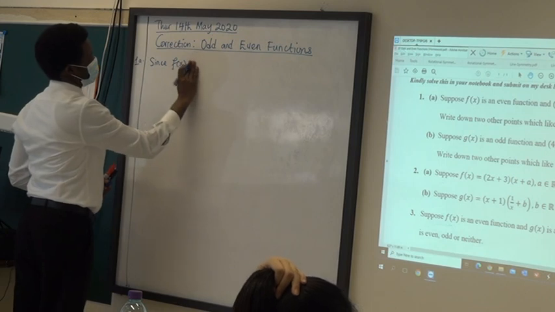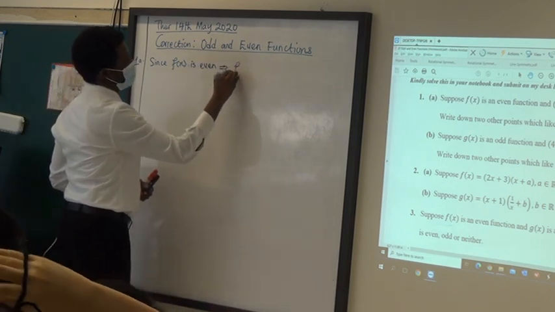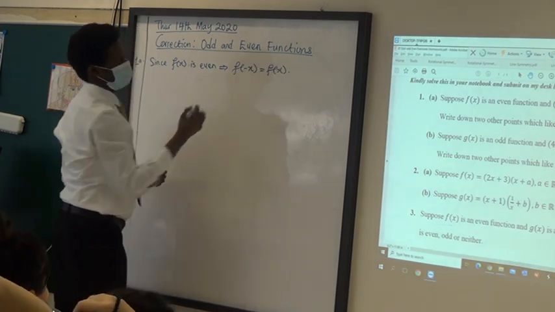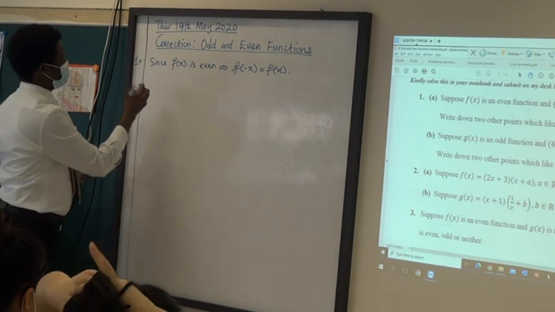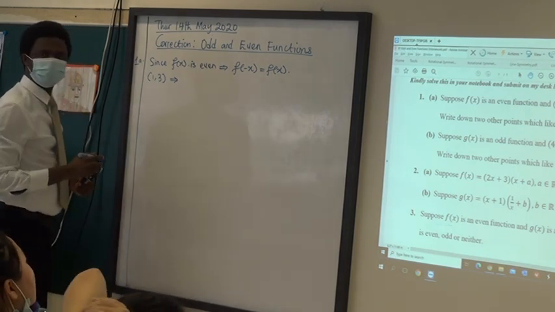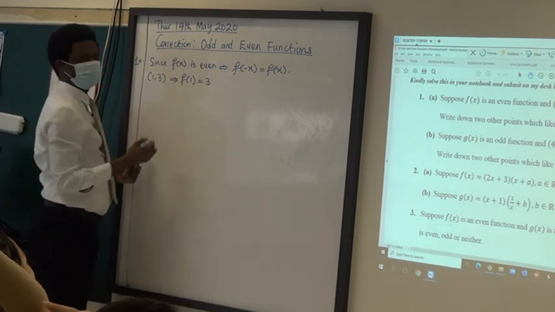Since f of x is even, it implies that what? F of negative x equals f of x. Now, what does (1, 3) mean in terms of this function? f of 1 equals 3.